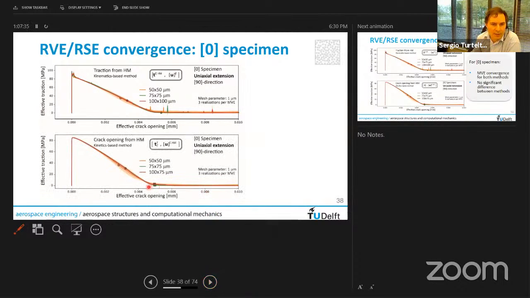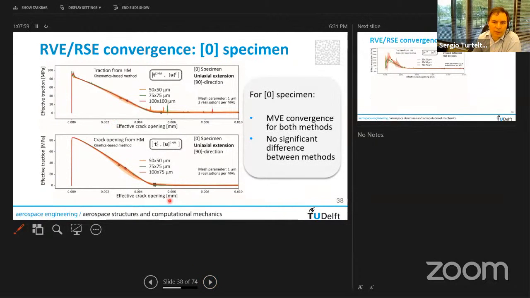In that case, as you can see here, it doesn't look too nice, but at least it's within the ballpark of what we would expect, which in this case was dominated by matrix cracking. So this was about 80 megapascals. And this is the other curve with the other method. And besides a few details, they pretty much give you the same response.